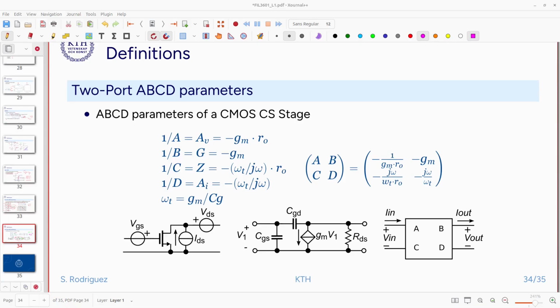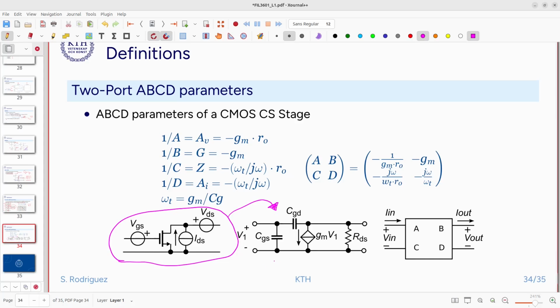So here we have an example of how we use the ABCD parameters for a two-port representation of a bipolar transistor. We have the bipolar transistor that we just have discussed here, and in the next lecture we will see that we can model this bipolar transistor with a small signal representation with linear components.